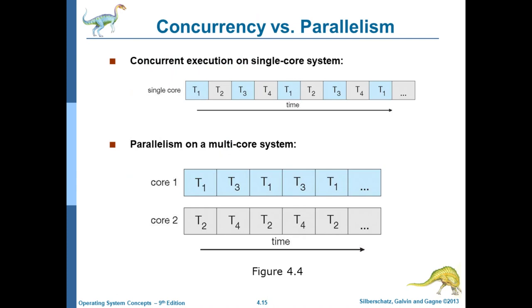This slide explains the difference between concurrency and parallelism, which are two common processing techniques used by the operating system. Concurrency means that multiple tasks can be executed in an overlapping time period, but not at the same time.